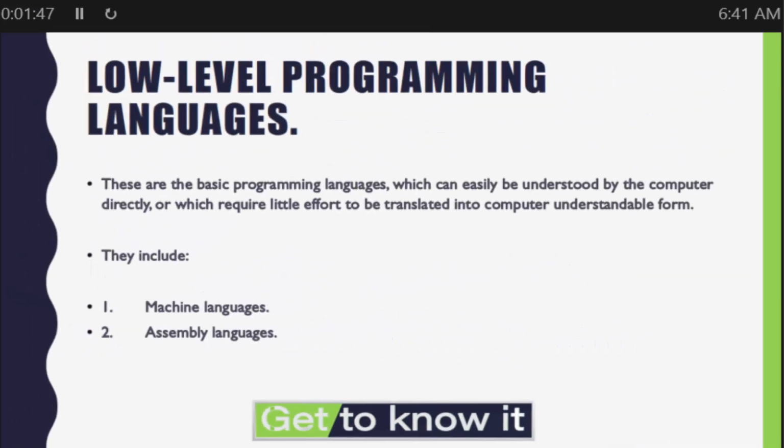Which are the features of low-level programming languages? They include: 1. That they are machine hardware oriented. That is, the programmer needs to have the hardware to be used with this software in mind.